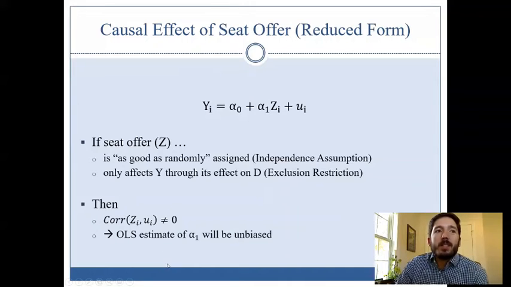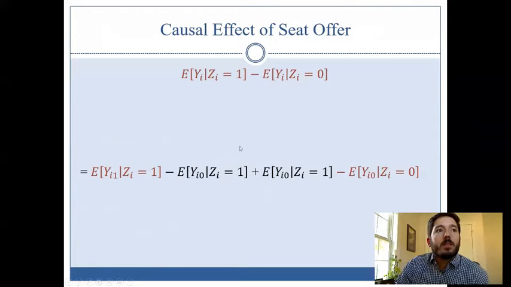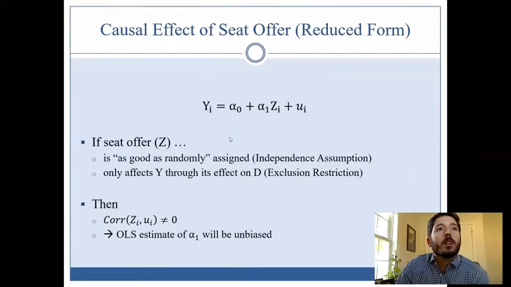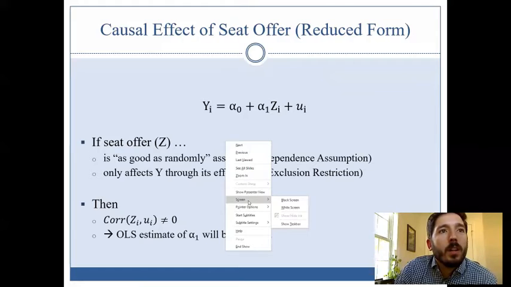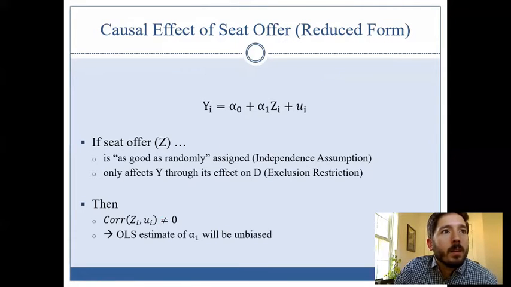So our OLS estimate of alpha 1 is going to be unbiased, right?